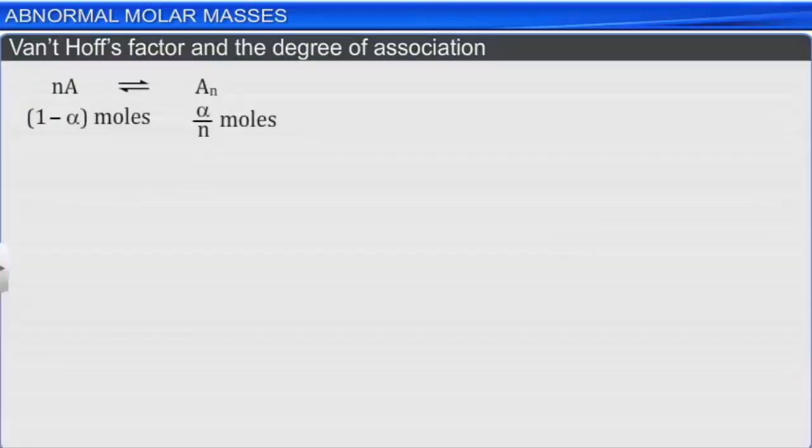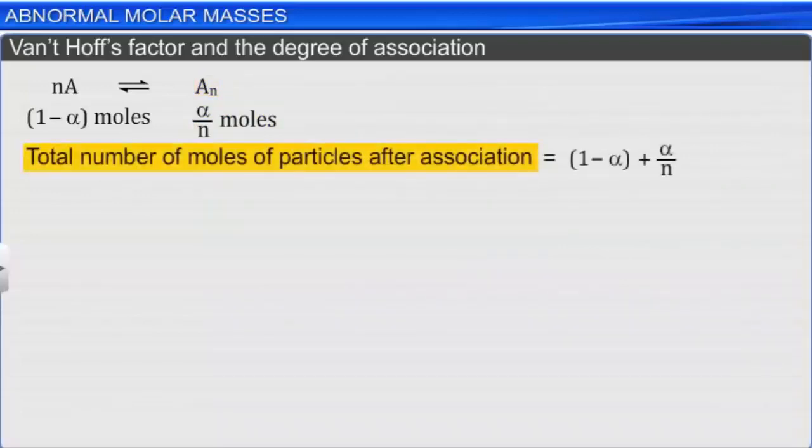If alpha is the degree of association of the solute, then at equilibrium 1 minus alpha moles of A are left in unassociated form, while alpha divided by n moles of An are present in associated form. Therefore, the total number of moles of particles after association is equal to 1 minus alpha plus alpha divided by n.